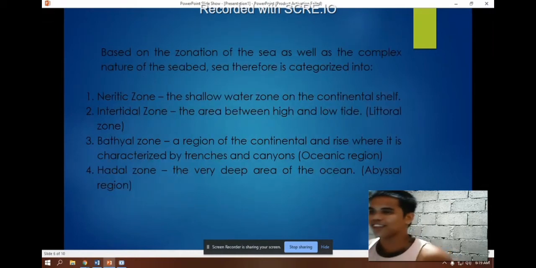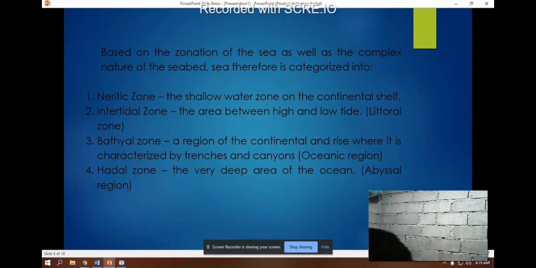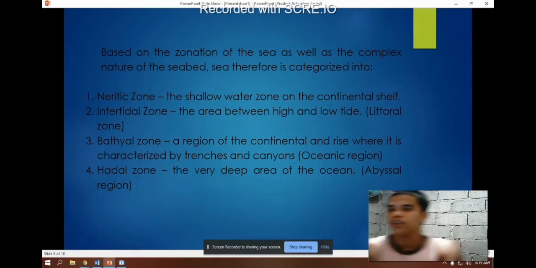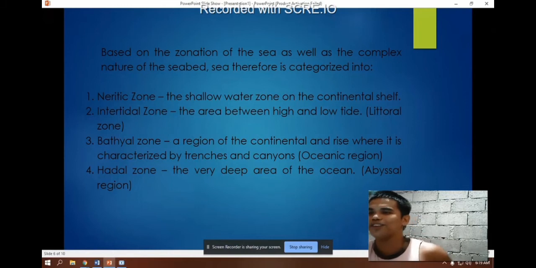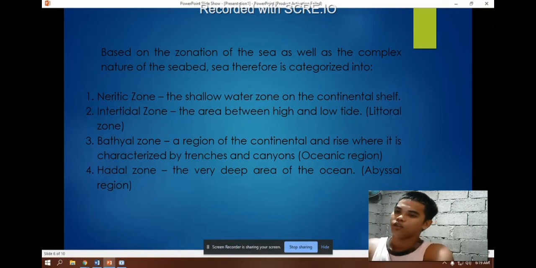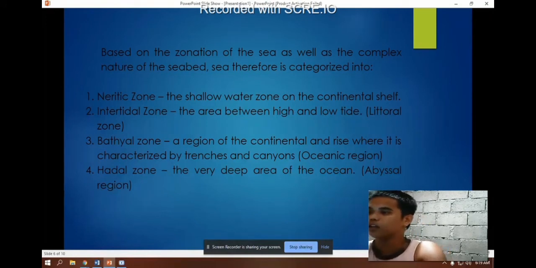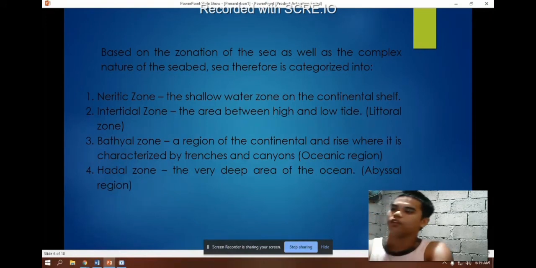Based on the zonation of the sea, as well as the complex nature of the seabed, the sea is therefore categorized into: number one, neritic zone, the shallow water zone on the continental shelf. Number two, intertidal zone, the area between high and low tide.